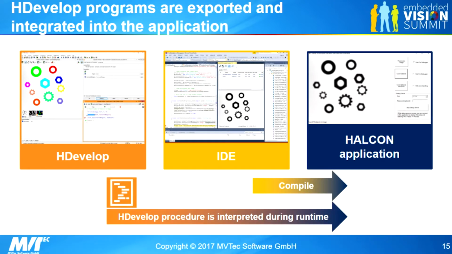There's also another way to do this. If you have what we call HDevEngine, this is an interpreter. It interprets the single lines in the development environment, and it performs the same thing also in the application. By doing this, it's much easier to maintain and upgrade an application.